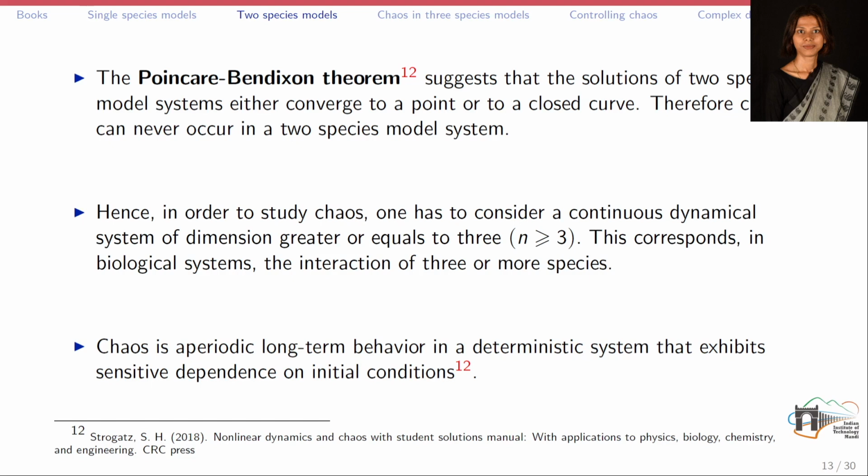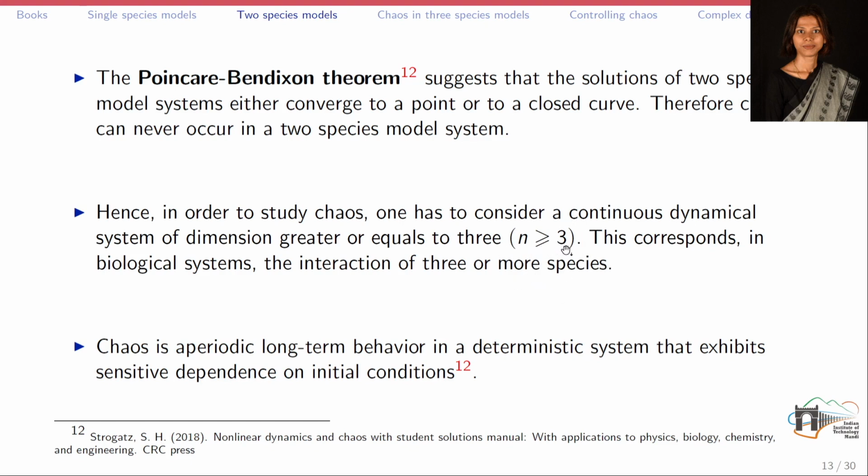In order to study chaos in any mathematical model, one has to consider a continuous dynamical system, and your dynamical system has to be of degree 3 or more. Otherwise, the chance of having chaos is negligible in the mathematical model, or in fact it will not occur at all whenever the degree of the system is not at least 3.